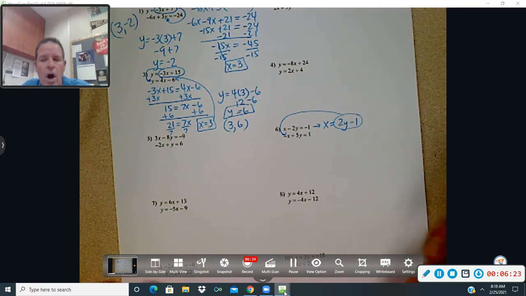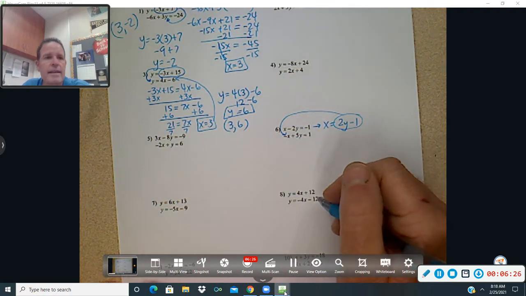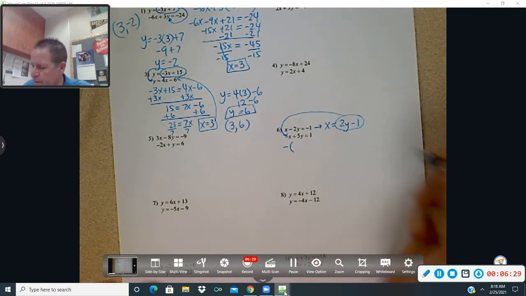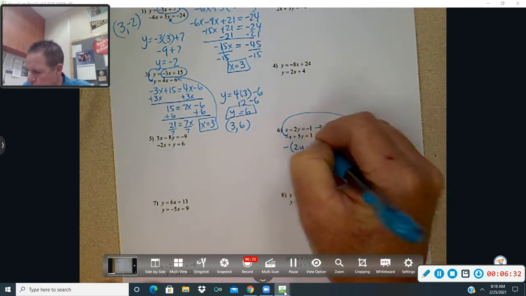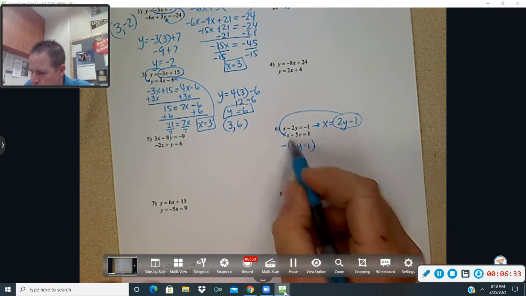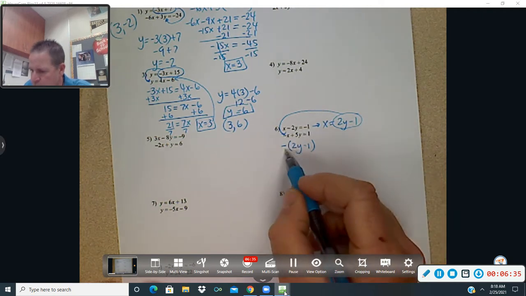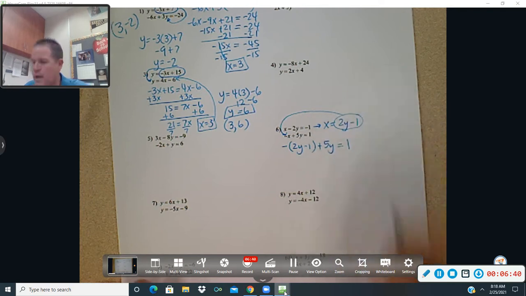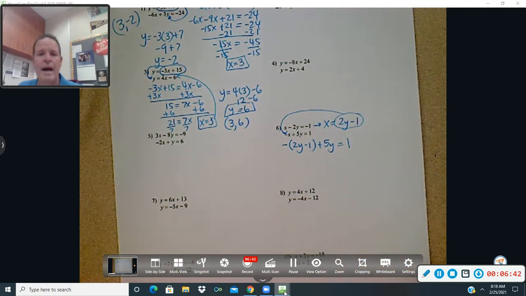How do you multiply all of that by the negative? You've got to have parentheses. So you got to have negative parenthesis 2y minus 1. That's what's going in here for x right there. All of it's going to be multiplied by the negative, plus 5y equals 1. Again, remember when you substitute, you got to substitute into the other equation. That's why I'm putting it into this bottom one.